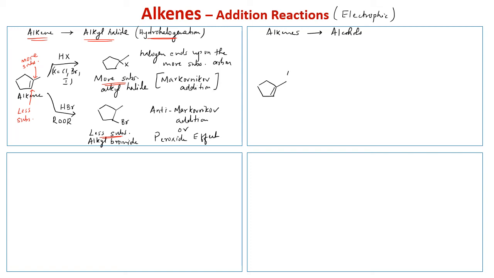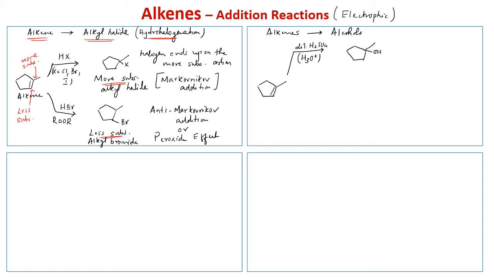The first reaction is using dilute sulfuric acid. This is the equivalent of adding acid into the alkene, or hydronium ions. You can view this as that. So when you do this, you get an alcohol as your final product.